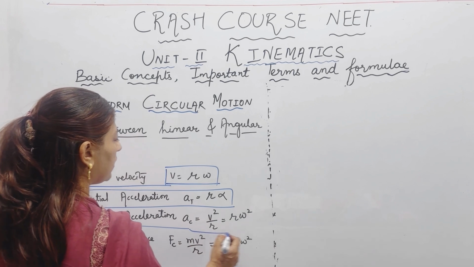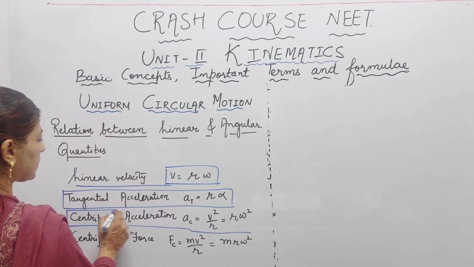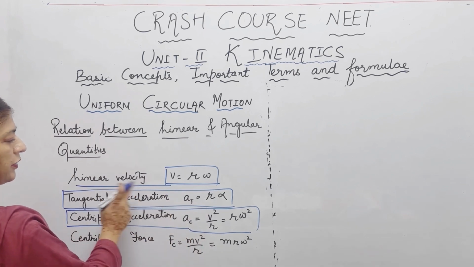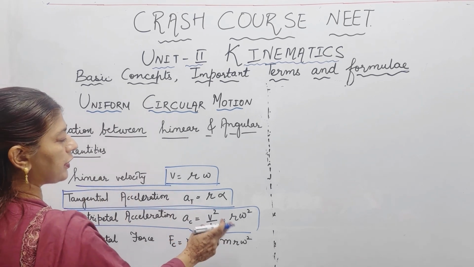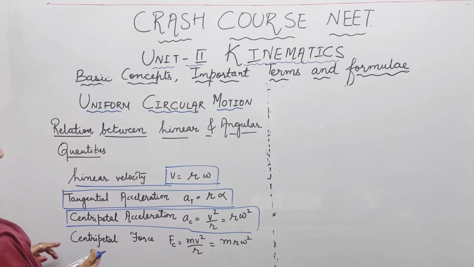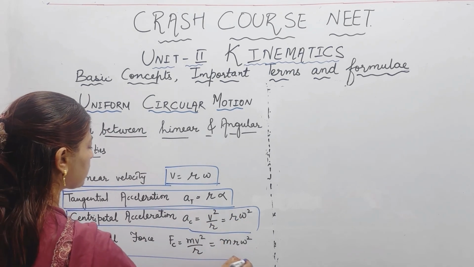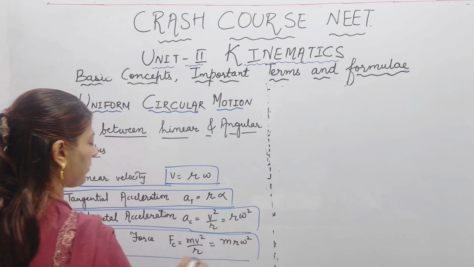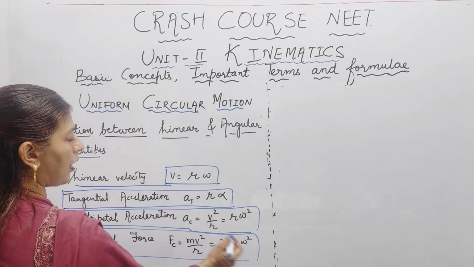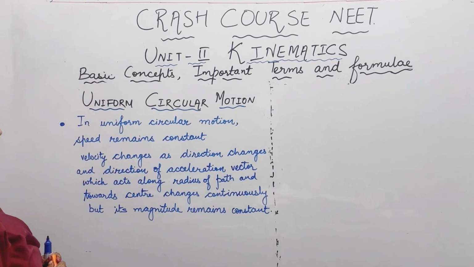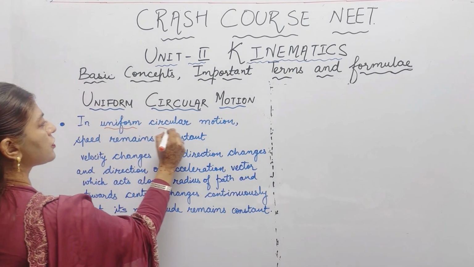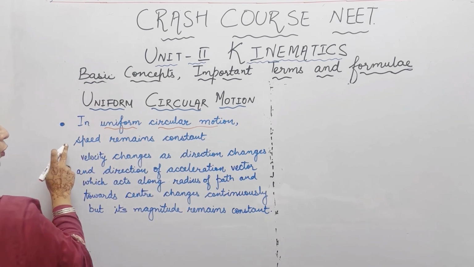Centripetal acceleration, denoted by a_c, is equal to v² by r, where v is the linear velocity and r is the radius, or it is also equal to r omega², where omega is the angular velocity. Centripetal force is given by F_c, equal to mv² by r, or it is m r omega².